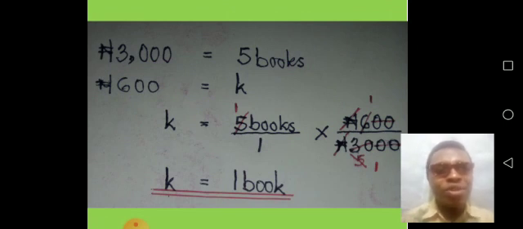So K equals, write what you have on the right hand side, which is 5 books over 1, times, take the reciprocal, that's 600 over 3,000. So cut 100 and you have 6 in the numerator. From 600, cut 2 zeros in the denominator and you have 30. So 6 into 6 is 1 and 6 into 30 is 5.